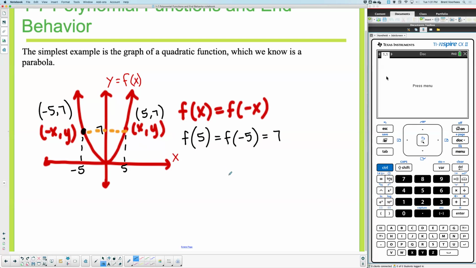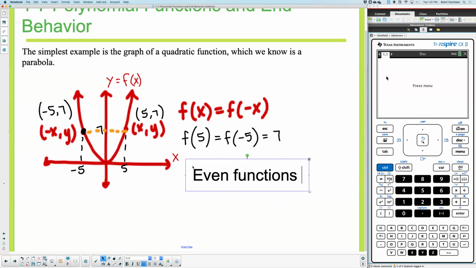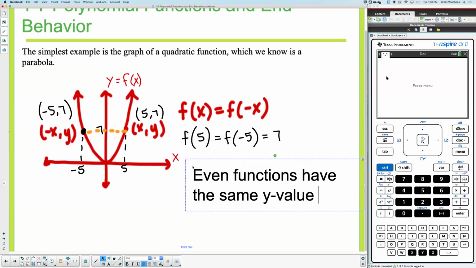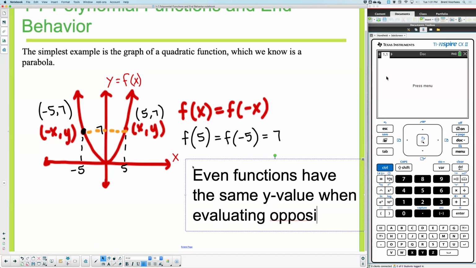So an even function, you can think of it that way, is I'm going to just click right here and type that in. Even functions have the same y value when evaluating opposite x's.